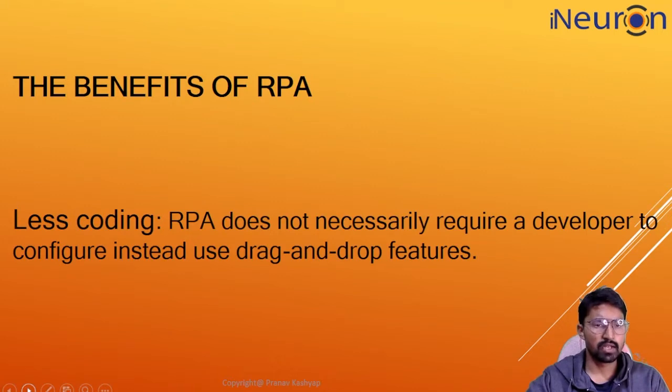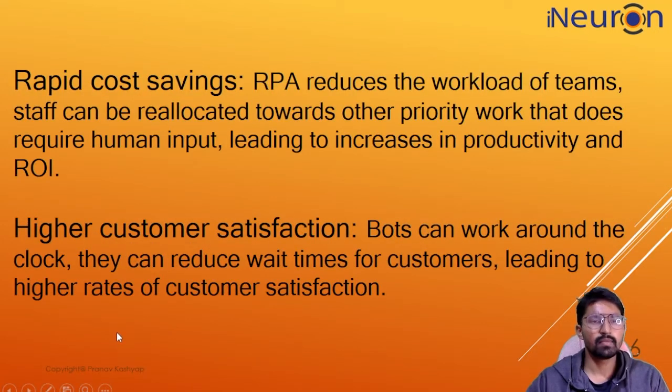So moving to the next slide, the second point, which is very important, is called rapid cost savings. RPA reduces the workload of team staff, who can be reallocated towards other priority work that does require human input, leading to increases in productivity and return on investment.